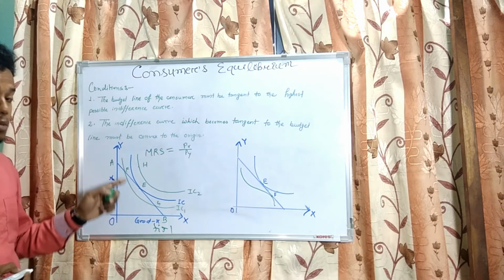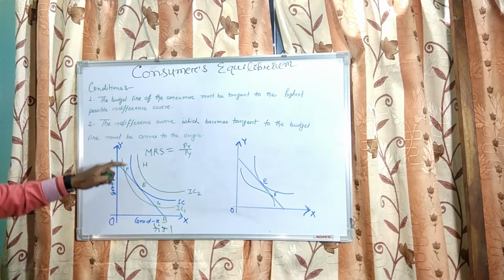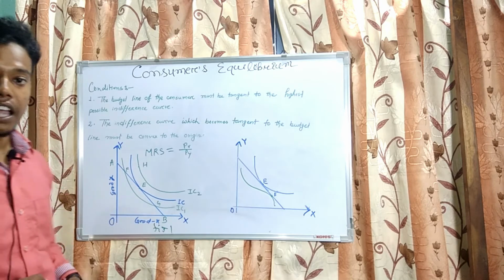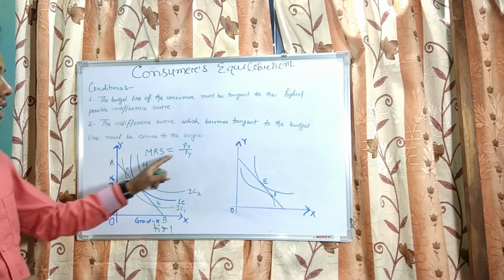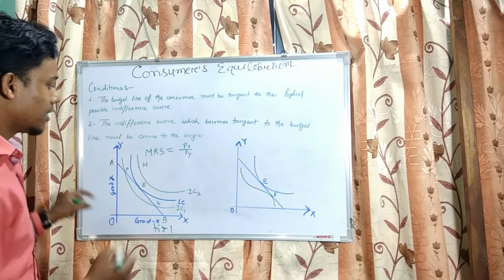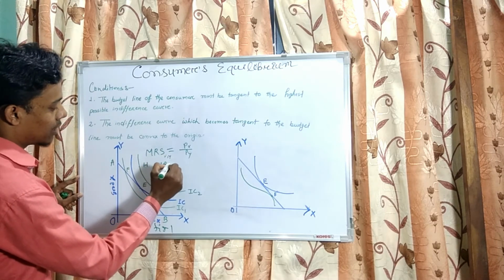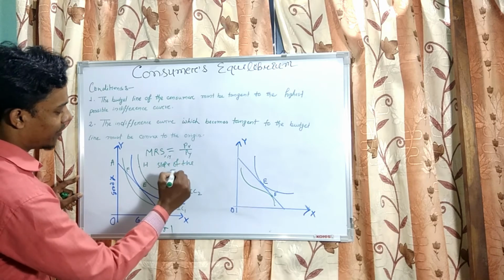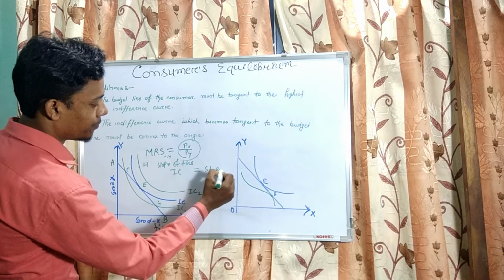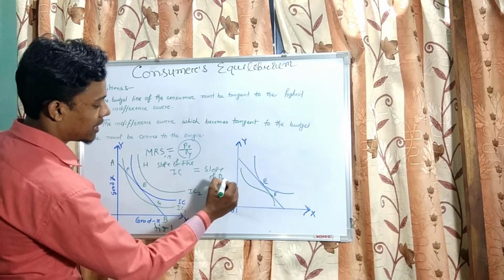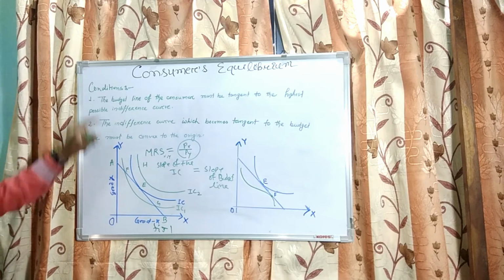So the consumer is in equilibrium at that point where the indifference curve is tangent to the budget line, and at the equilibrium point the slope of the indifference curve should become equal to the slope of the budget line. It means that the MRS XY, that means the slope of the indifference curve, should become equal to the slope of the budget line. So this is the first condition.